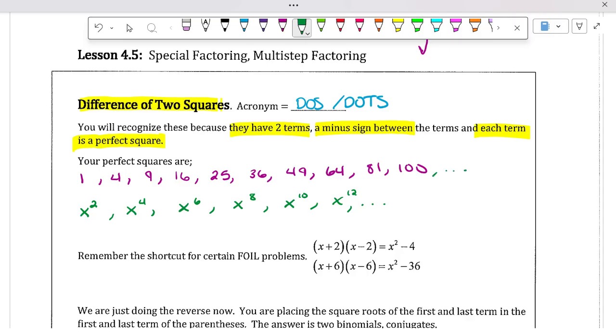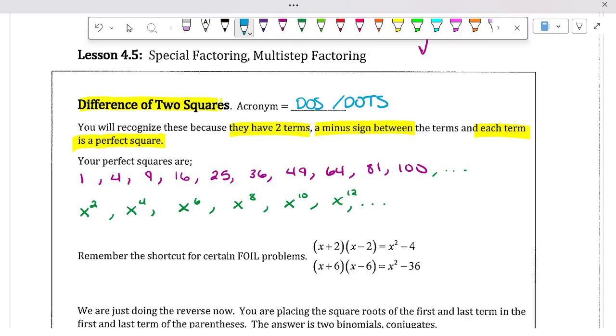What's true about all of those exponents? Why are they considered perfect squares? Look at the exponents of all of the ones I just listed. What do they have in common? They're even numbers. So if they're even numbers, that means they're divisible by what? 2. All right, and that's exactly how you know if it's a perfect square.